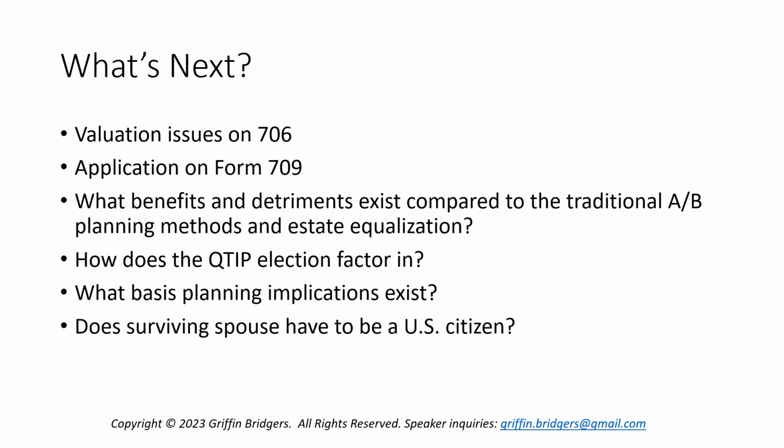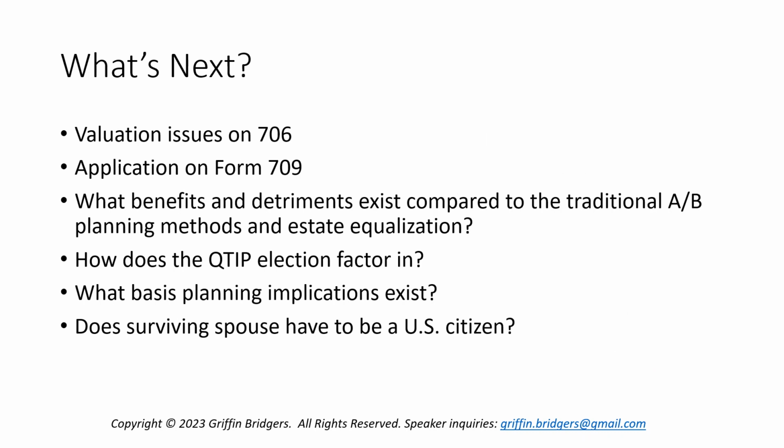So what's coming up next? I mentioned valuation issues is going to be our next part. That's one of the most confusing ones in terms of both the election and the non-election to streamline the reporting of value. But we'll dive into some things that are derivative of that, such as the application on Form 709 in the future.